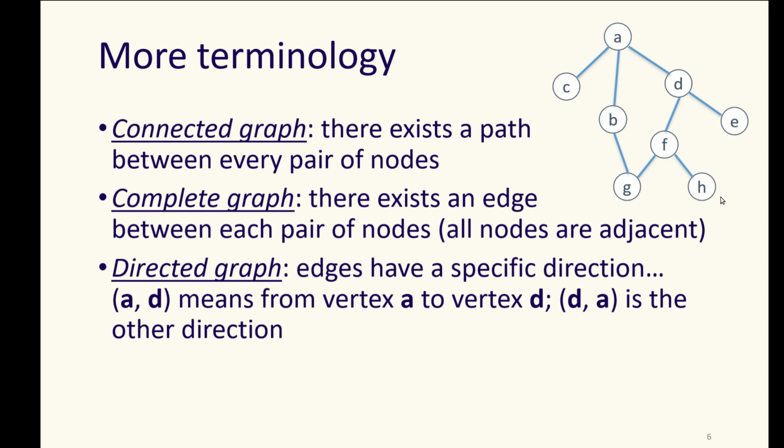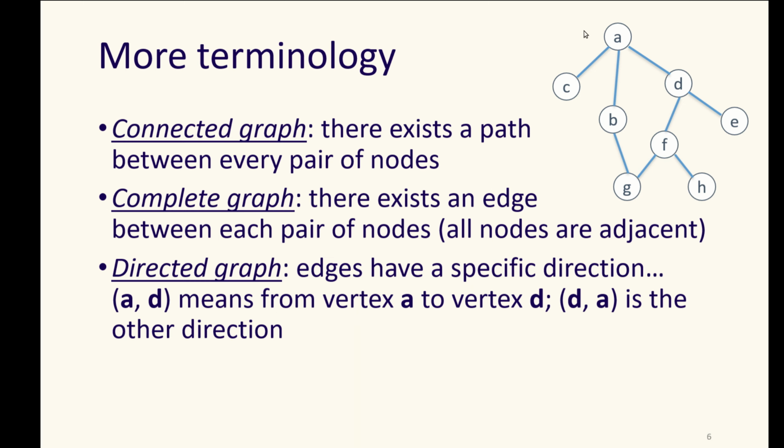A directed graph is a more specific type of graph where the edges have a specific direction to them. The one displayed up here is an undirected graph because we have no indication of whether it's one way. So one-way roads provide us a good example of where a directed graph is needed versus two-way roads, highways, things like that.